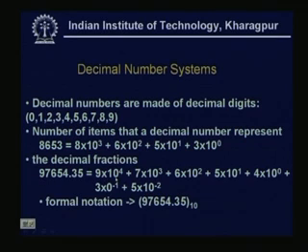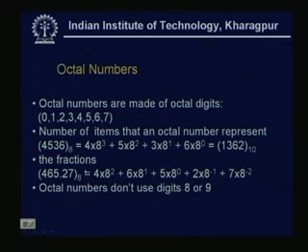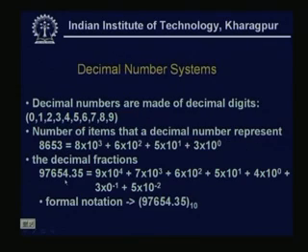So 9 into 10 to the power 4, then 7 into 10 to the power 3, 6 into 10 square, 5 into 10 to the power 1, 4 into 10 to the power 0. Now the next should be minus 1, because I have already reached the 0th position. So the position of 3 is minus 1. So this is 3 into 10 to the power minus 1.